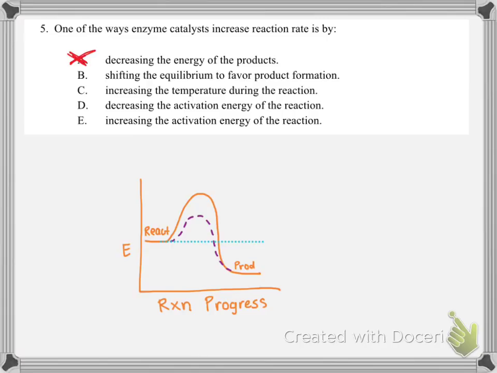So notice our delta E of the reaction remains unchanged. The only thing that changed here are our transition states, our activated complexes, which in turn lowered our activation energy.